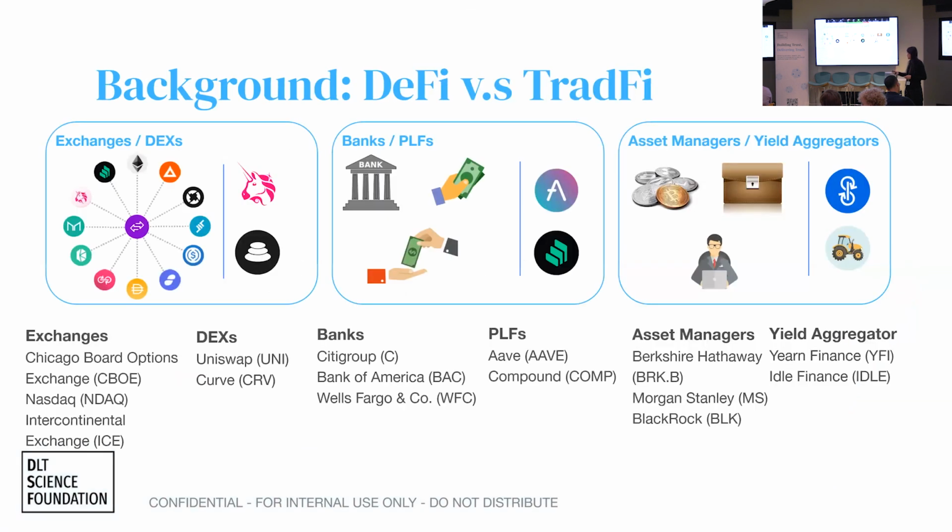So to give you a little bit of background, this is especially important for those of you who know a bit less about DeFi, I believe. Again, for those who have sat in the blockchain economics, blockchain technologies class, you should know this already very well.